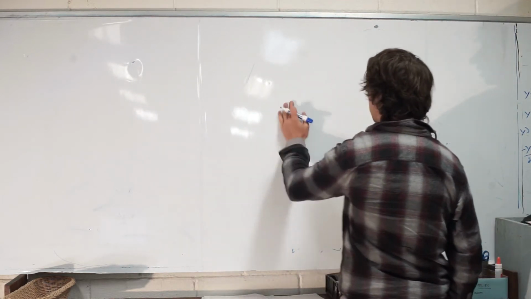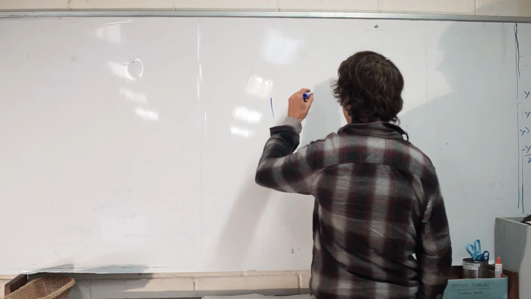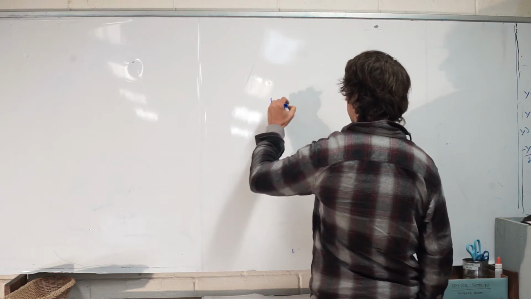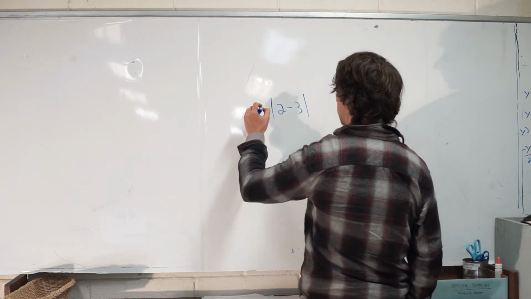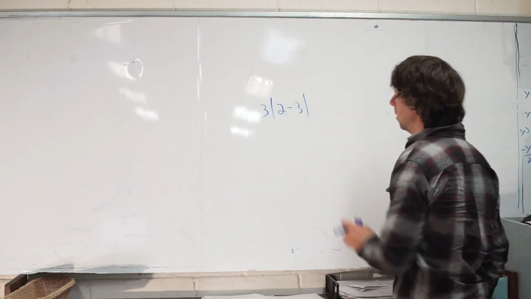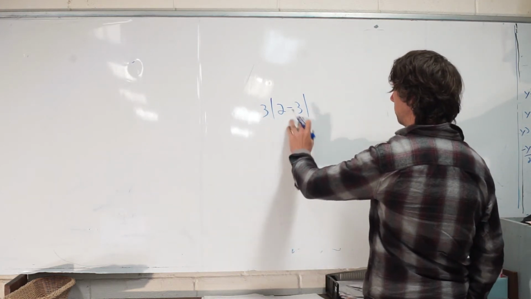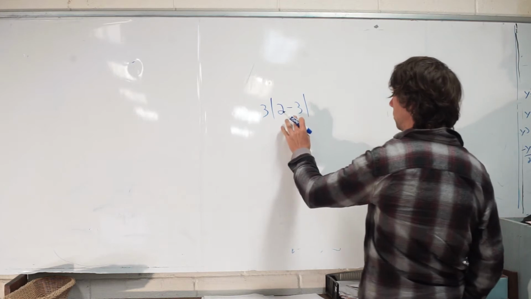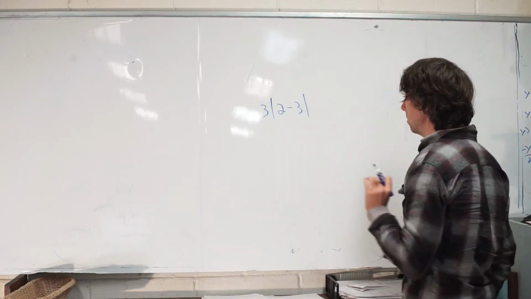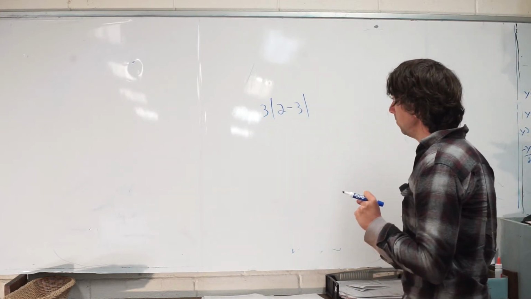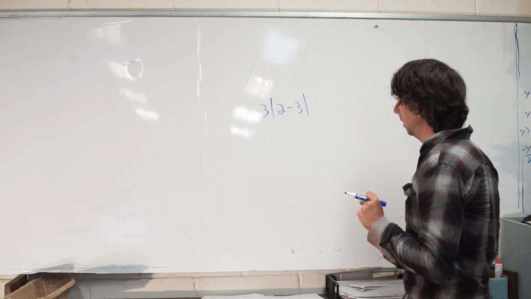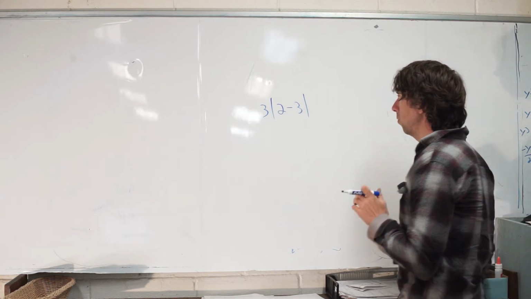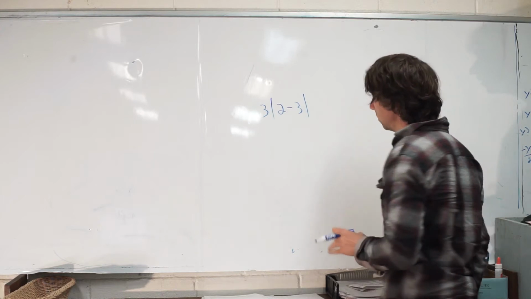And like I was saying, absolute value is like a parentheses, so if you have, for example, this and a coefficient in front, this 3 is multiplied by this quantity, but you have to figure out what's in the parentheses first. Unlike a parentheses, it's often not wise to distribute first.